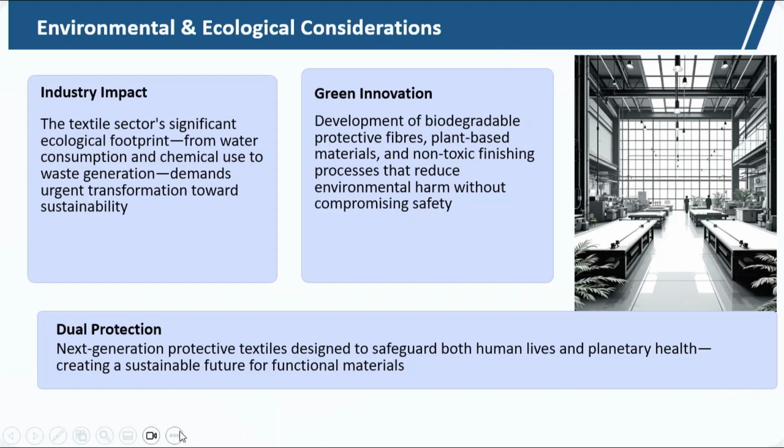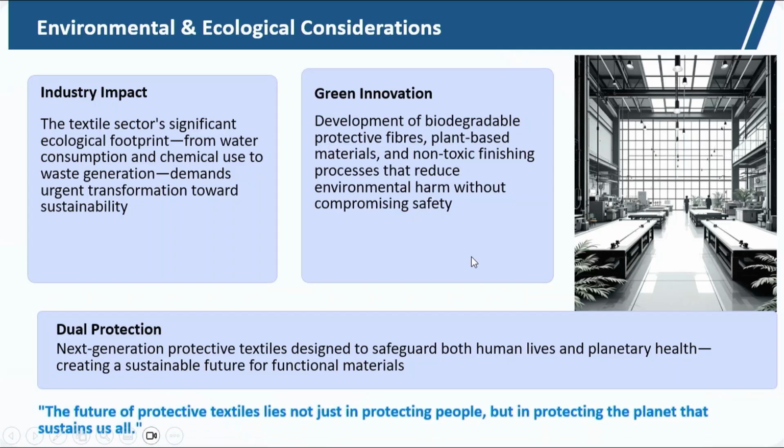Creating a sustainable future for functional material, we have to create sustainable material, where recycling is one of the ways, or biodegradable material is required. The future of protective textile lies not just in protecting people, but in protecting the planet that sustains us all. That should be our motto.